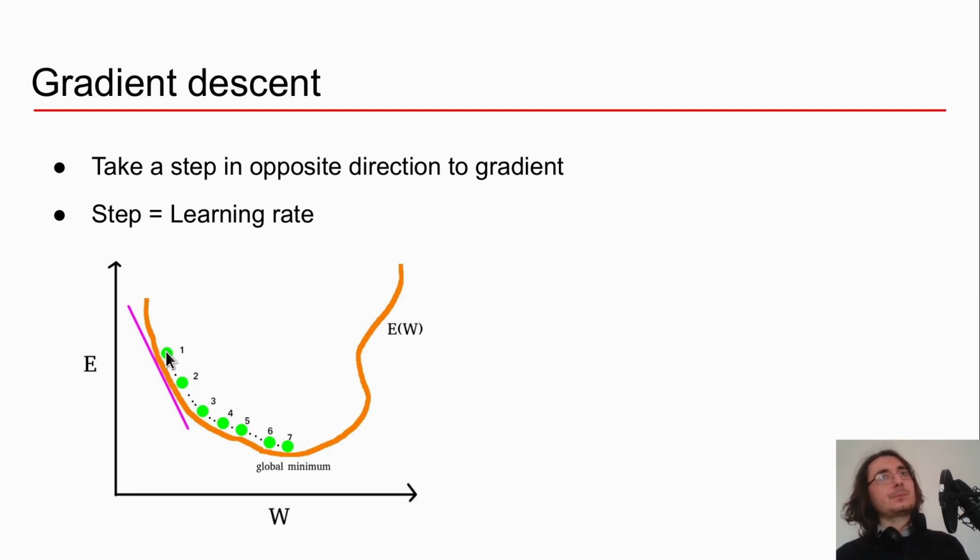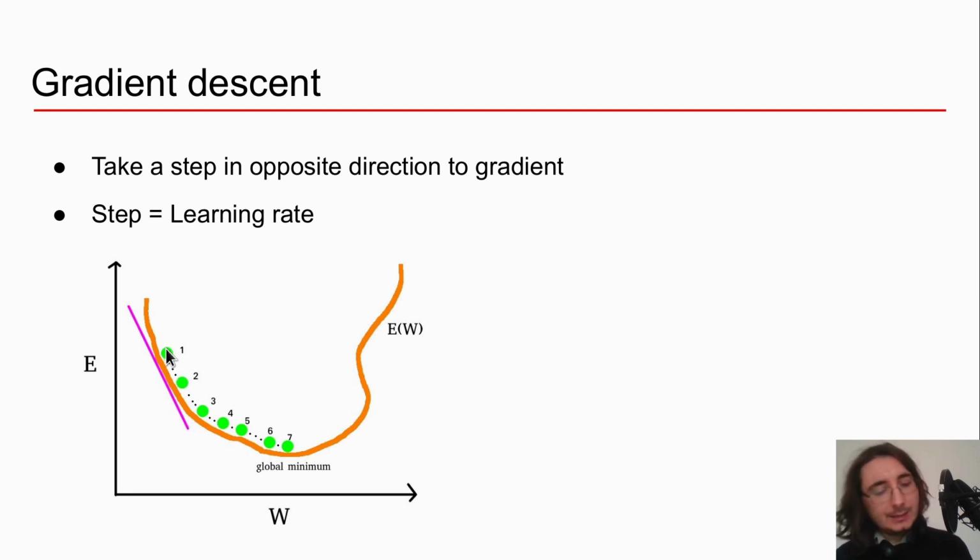After we've trained our network, for example, we've passed in the first sample, we've calculated the gradient, and we know that we are at this point with the errors and the weights. Here we need to calculate the gradient, which is basically this purple line.